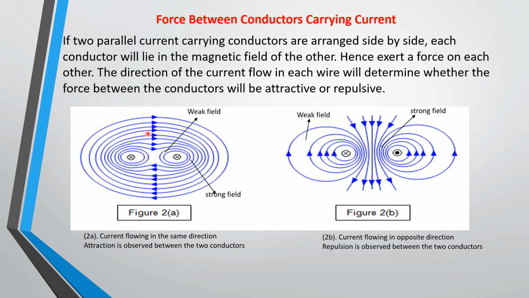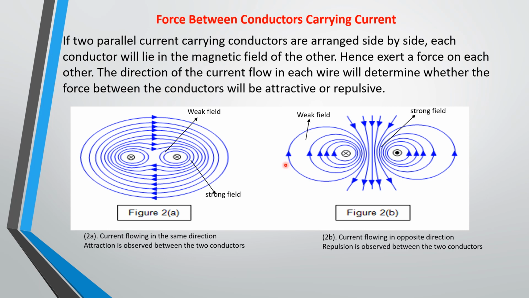The key for you to understand the direction of the current is to look at the arrow. An examiner can draw the arrows facing each other or facing away, so you have to be careful when you see questions like this. Please look at the directions of the arrows. That is what will guide you.